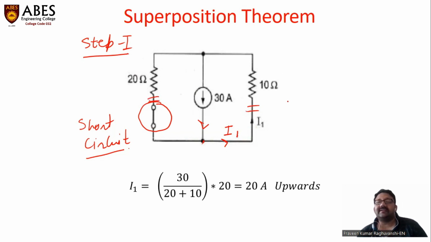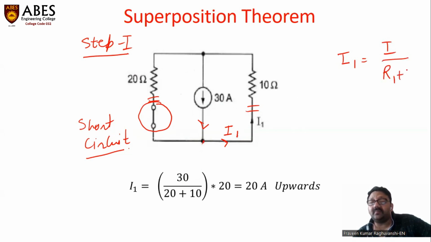So the current divider rule states that the current in any branch is the total incoming current divided by the sum of the resistances of parallel paths and multiplied by the resistance of the opposite branch. Whenever current is divided into two parallel paths, we follow this relation.